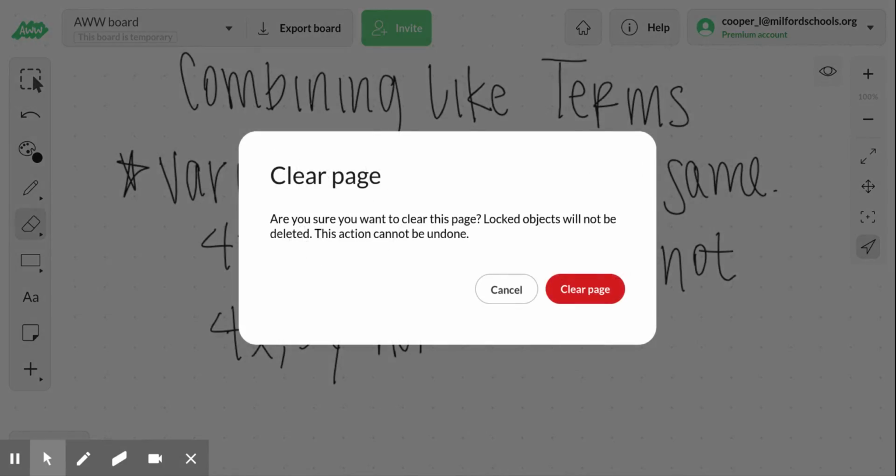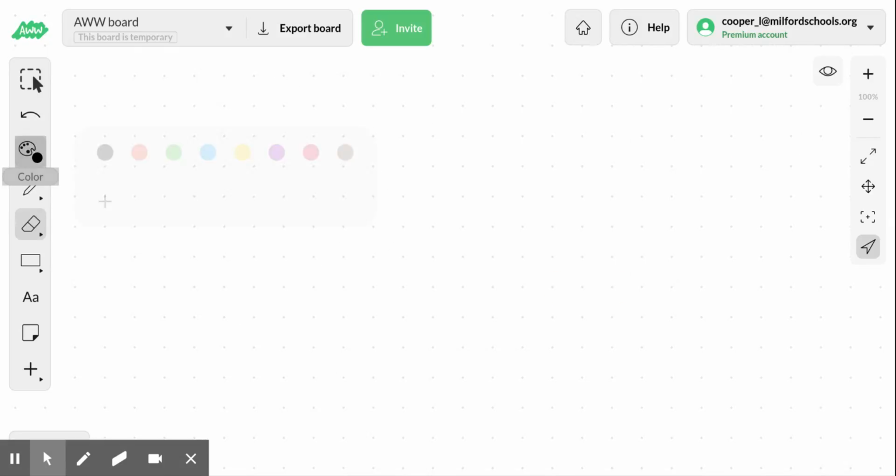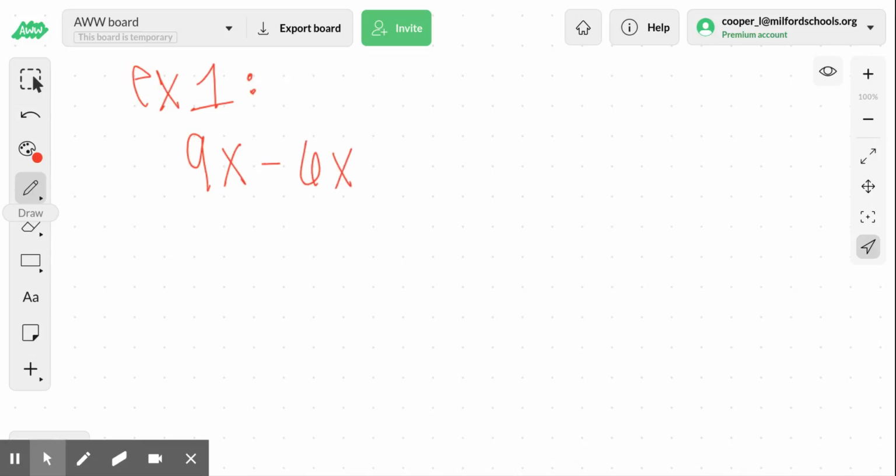I'm going to clear my screen and go ahead and move on to example 1. So example 1, let me get back to my pen. Example 1 is 9x minus 6x minus 3 equals 33.